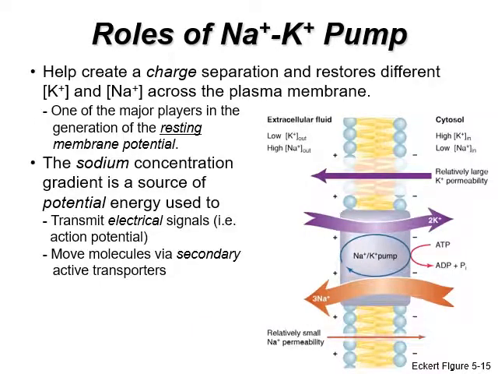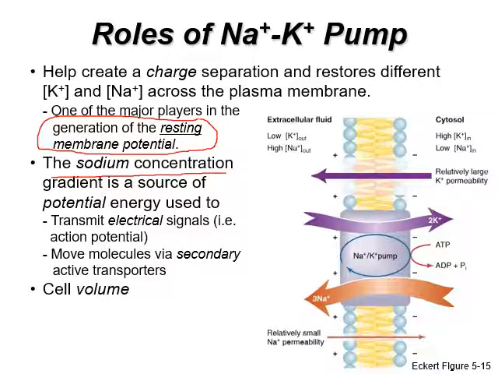So some of the functions of the sodium potassium pump, we'll talk about this later, include maintaining the resting membrane potential. But what I want you to really focus on right now is that the sodium potassium pump makes a sodium and a potassium gradient. We're going to use these in electrical signaling, but also, what did we use for secondary active transport?